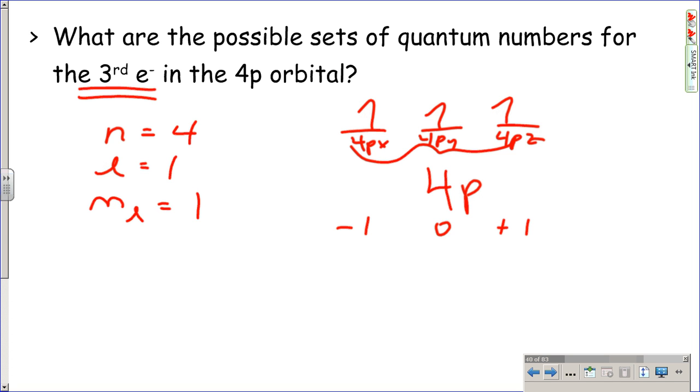So this would also be 1, and then for the 3rd electron you don't know if the spin is positive or negative, so you would just put plus or minus 1/2. So there are 2 sets of quantum numbers, 4, 1, 1, positive 1/2 or 4, 1, 1, negative 1/2, because you don't know if this spin is up or down. We always designate up, up, up and then down, down, down, but you don't really know. I don't really know either.